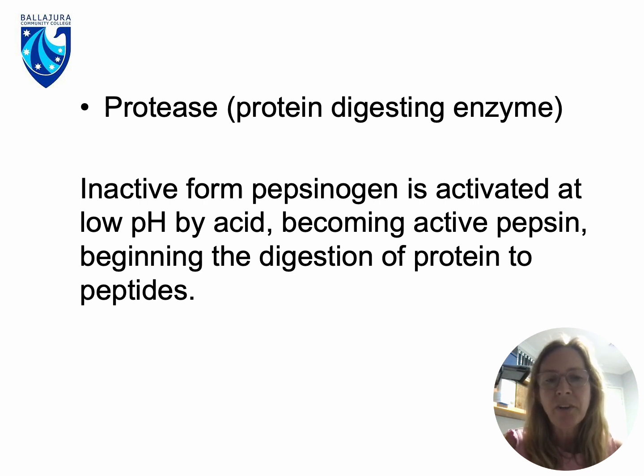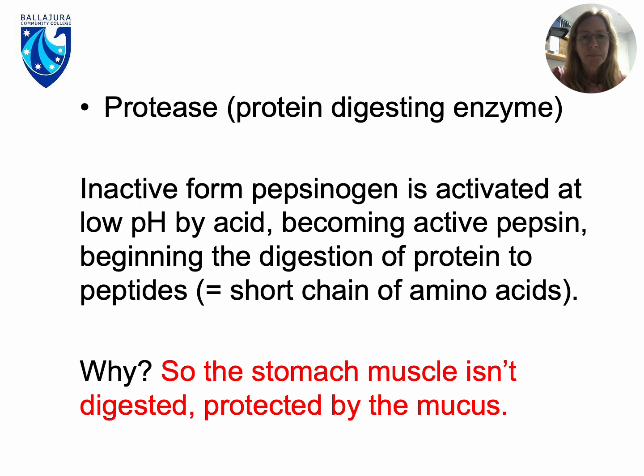Peptides are still several amino acids long, so it's not complete digestion into the subunits of amino acids. That happens in the small intestines, but it's the beginning of protein digestion. If it wasn't for the mucus, and if the pepsinogen was secreted in an active form, the stomach muscle itself could be digested.